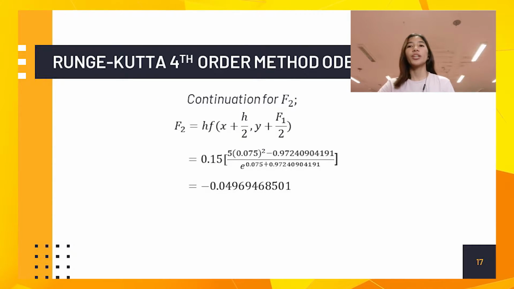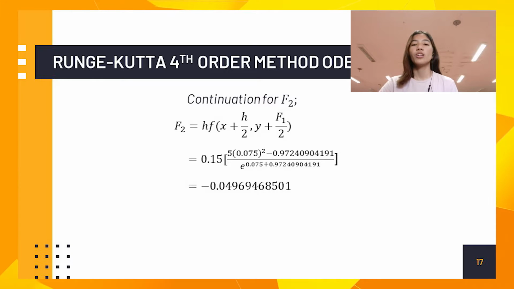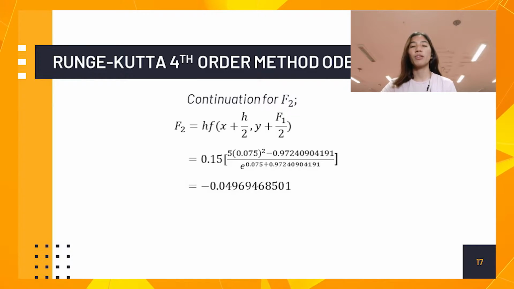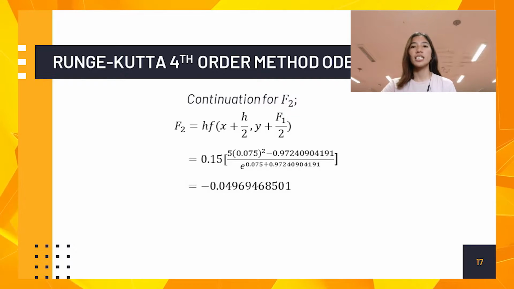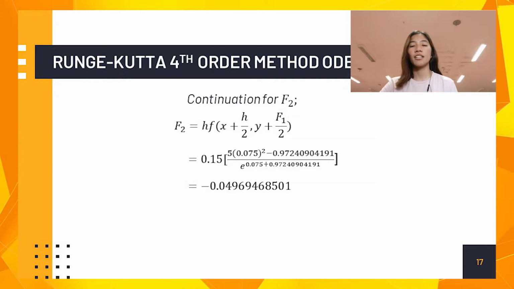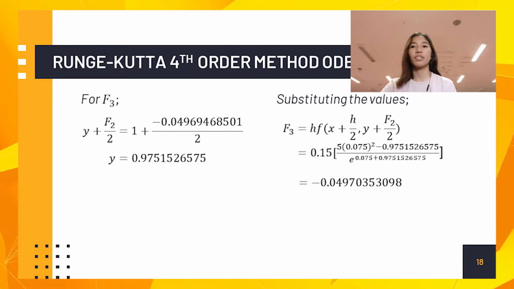After this, we can finally solve for f2 using this formula. f2 is equal to h times f of the quantity x plus h over 2, comma y plus f1 over 2. Substituting the corresponding values, we obtain negative 0.04969468501 for f2.